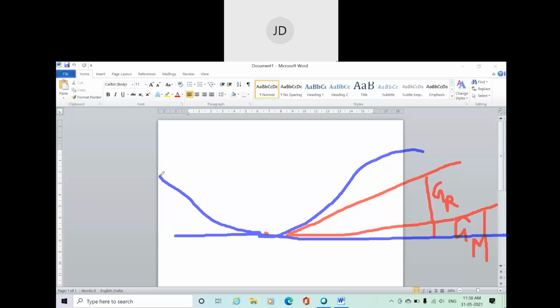Got it? Suppose the train is coming through this downward gradient. I'll draw a train. Suppose this is a train moving along this downward gradient. Now when it comes down the downward slope, it gains some energy, momentum energy.